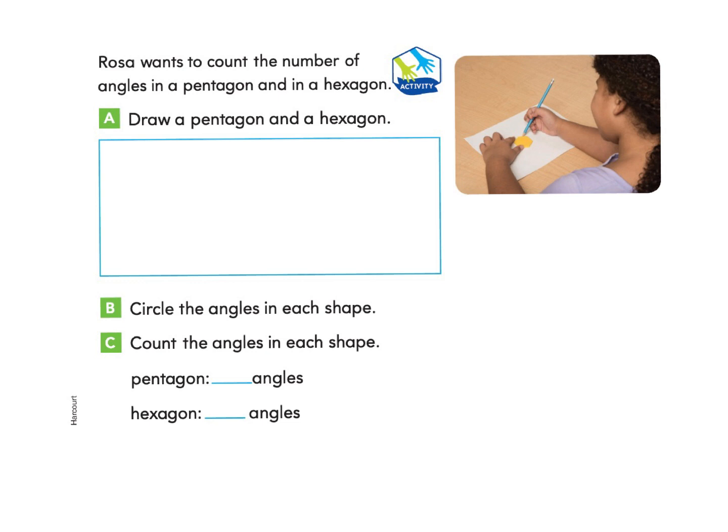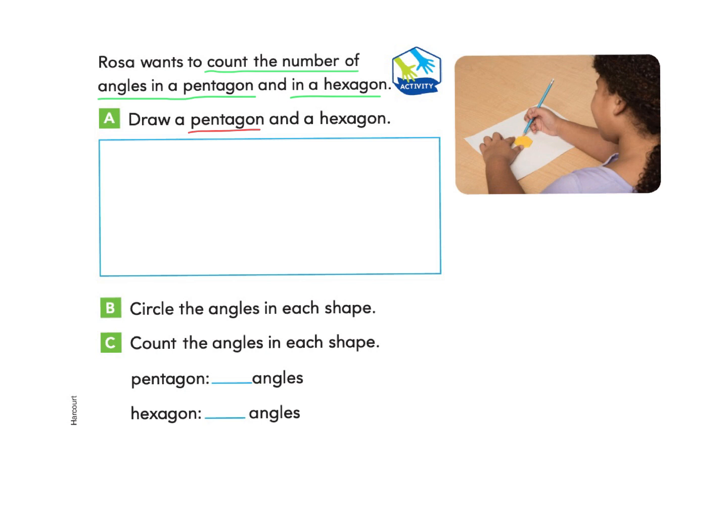531. Rosa wants to count the number of angles in a pentagon and in a hexagon. So my first step is to draw a pentagon and a hexagon. You may want to pause and try this part on your own and come back, or you can follow along with me. I know that a pentagon has 5 sides.